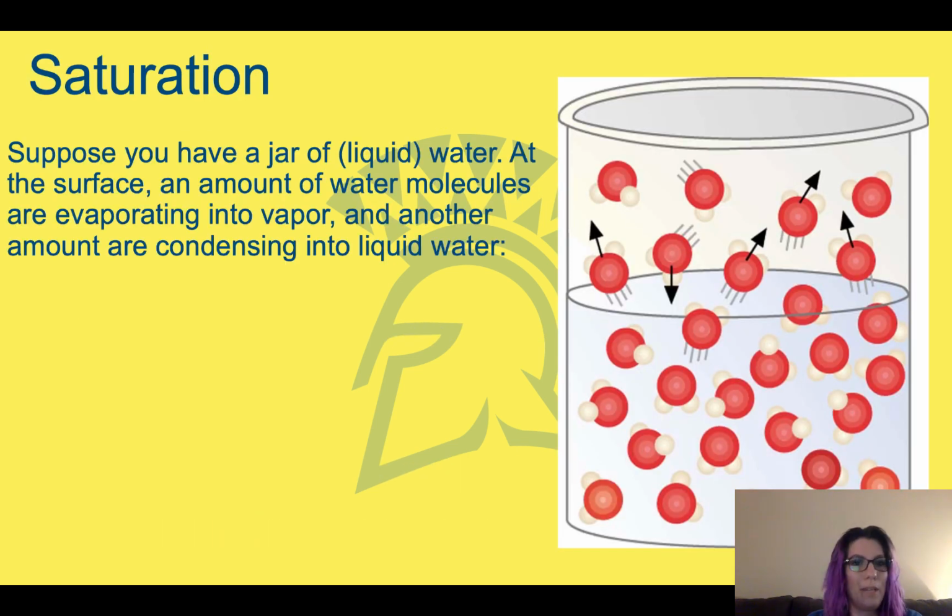All right, so saturation, we like to describe this as if there's some water inside of a jar or a container. And so we have the liquid, and it has a certain temperature to it, so these molecules will be moving around. Some of these molecules will go from the water into the air right above it in the jar, and that process would be evaporation. Some of them will be going from the air down into the liquid.